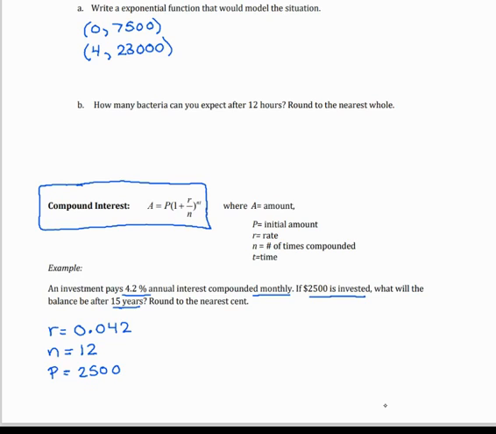What will the balance be after 15 years? So my time is 15. And I'm looking for A. So now I pop that into the equation. So A equals the initial amount times 1 plus my rate of 0.042 all over N, which is 12, to the NT, 12 times 15.